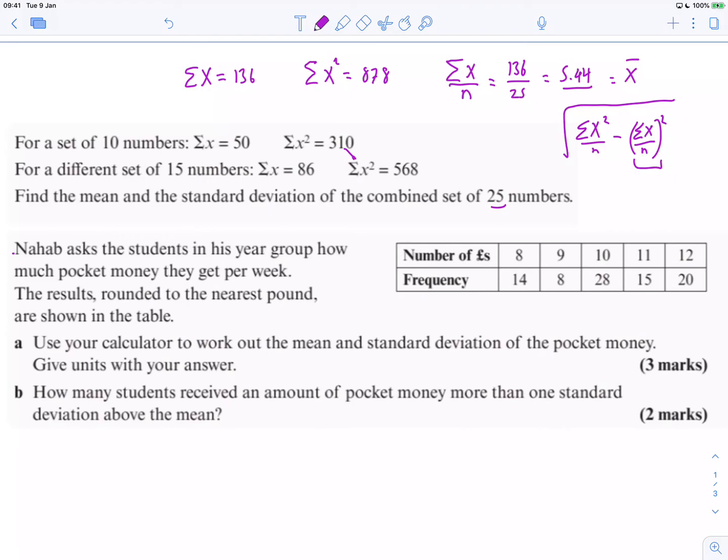And this means the standard deviation is 2.35 to 2 decimal places. So first key bit, the standard deviation always has to be positive. You can't have a negative distance away from the mean. So if you get a math error, it's probably because you've made a boo-boo here, you've switched these round, you've not memorized them the right way.